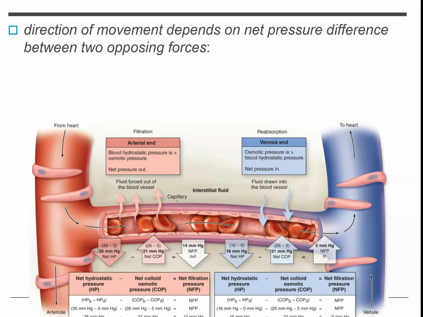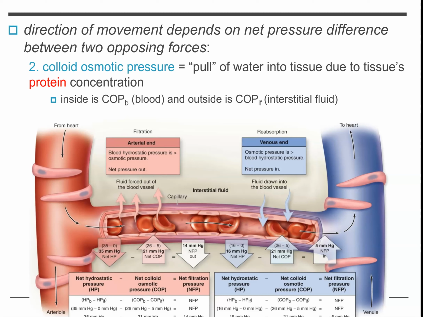The other pressure is the osmotic pressure, so the colloid osmotic pressure. So this is the pull of water into the tissue based on, like I said a second ago, the protein concentration that's in the tissue.